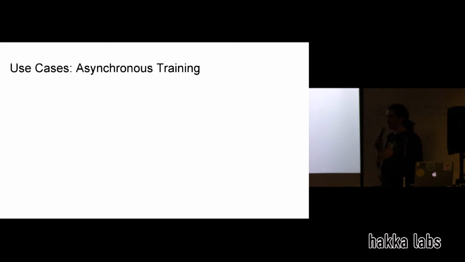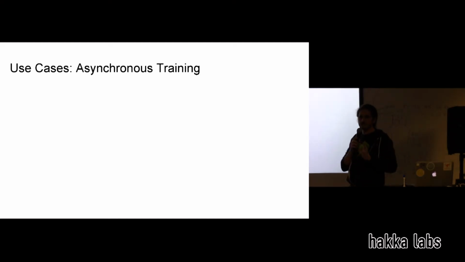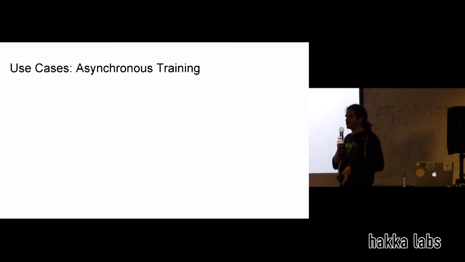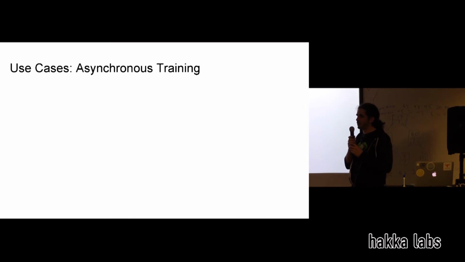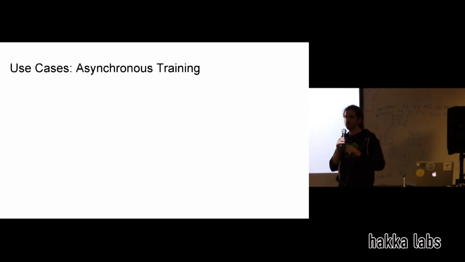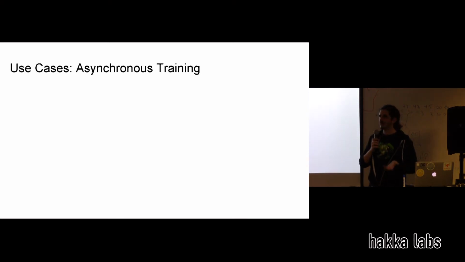So there are two ways of doing the training. One is synchronous and one is asynchronous. The nice thing with asynchronous is all your nodes just keep iterating over the graph without actually communicating between each other. The downside is sometimes some of the nodes will lag behind the others.